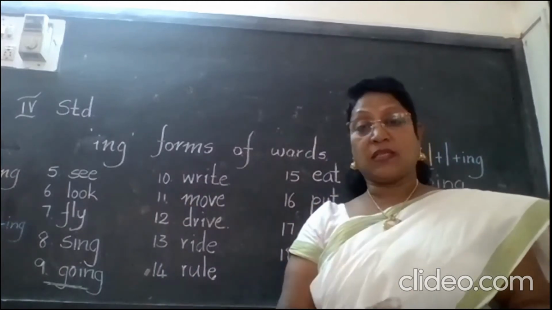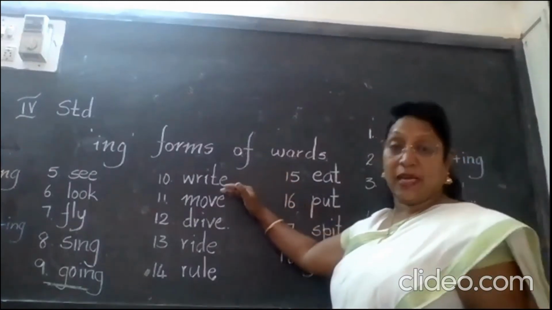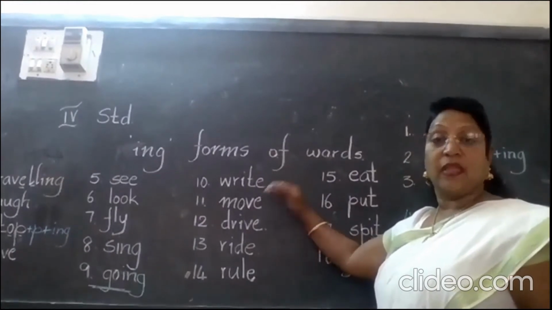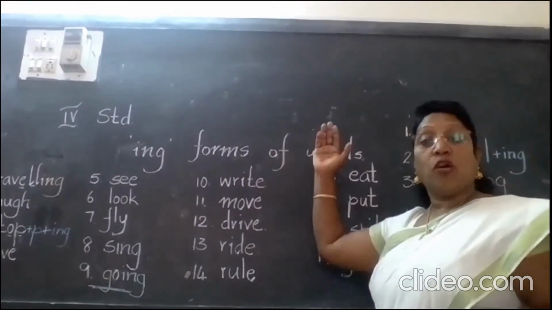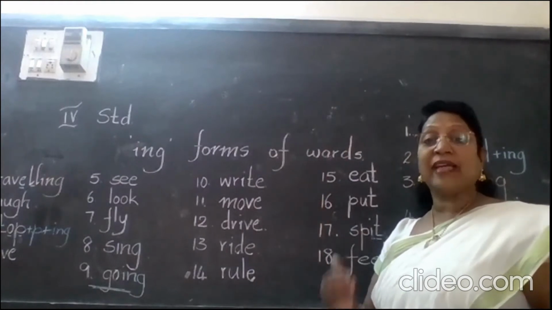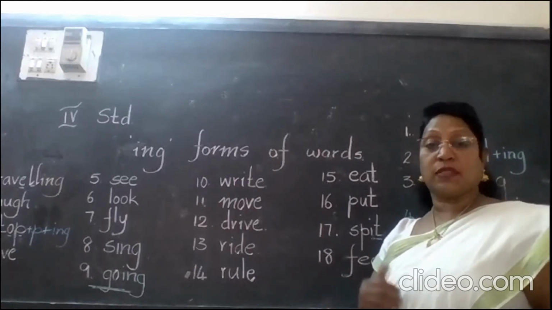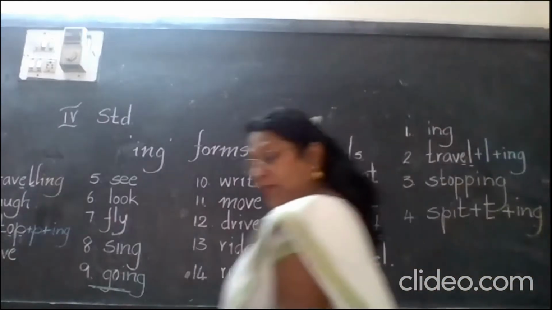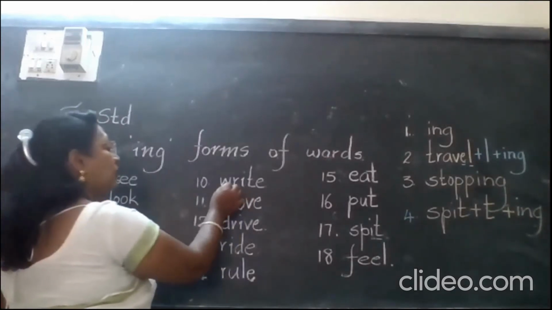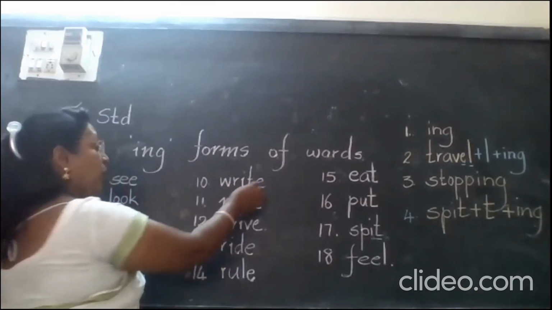The third rule is if the word ends with E, then you drop E or subtract E or remove E and then you add ing to make the verb forms. For example, now let me take you to this word write. Okay, W-R-I-T-E, write. It's ending with E.